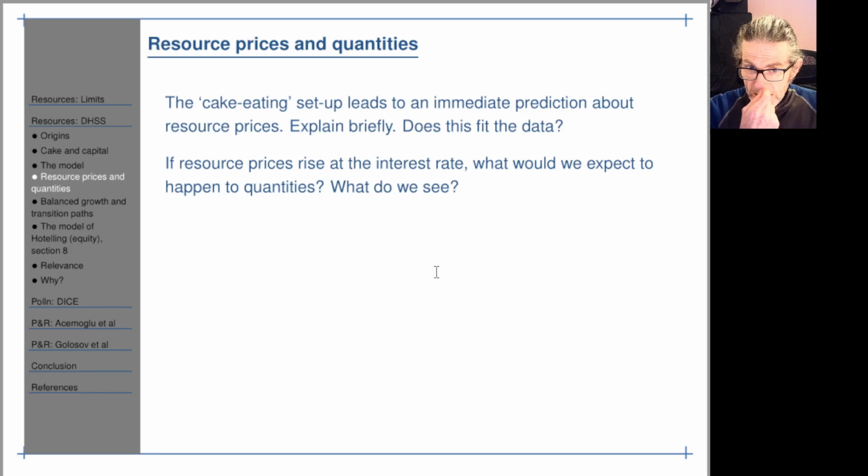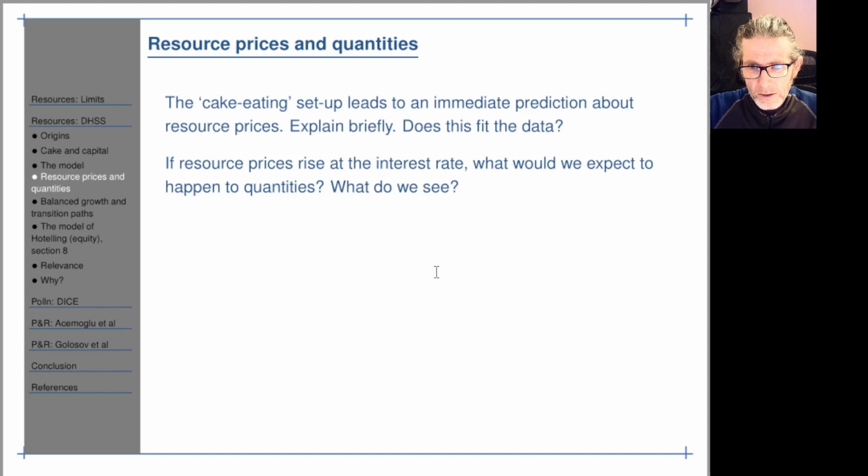So the cake eating setup leads to an immediate prediction about resource prices. Does this fit the data? Okay, so this is basically Hotelling. So how do we explain this? Basically, the cake is an asset, right?